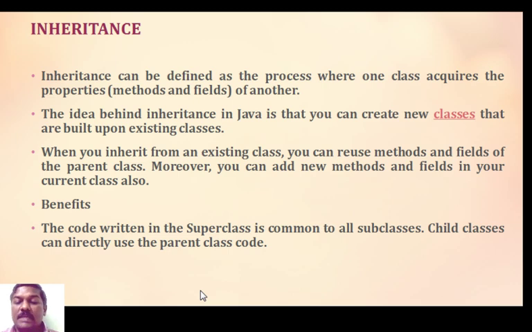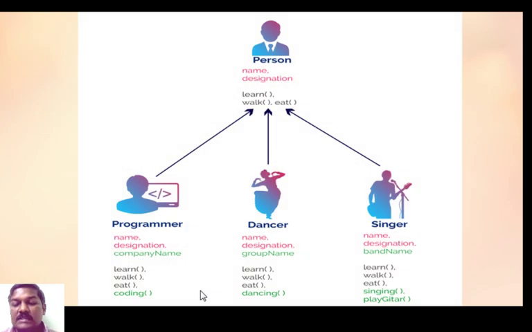The main benefit of inheritance is that if you create a class, called the base class, and from that base class you create another class called a subclass, the subclass can access the base class methods along with the properties. Let's look at some real-time examples so that we can understand the inheritance concept very clearly.